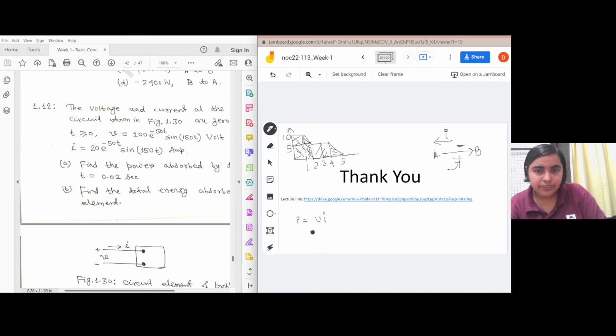Okay, so we don't really need integration here. It is 100 e to the power minus 50t sine 150t times 20 into e to the power minus 50t sine 150t.